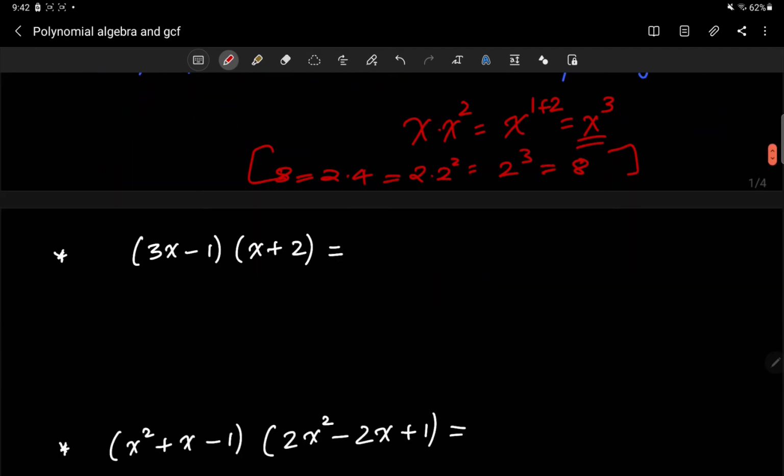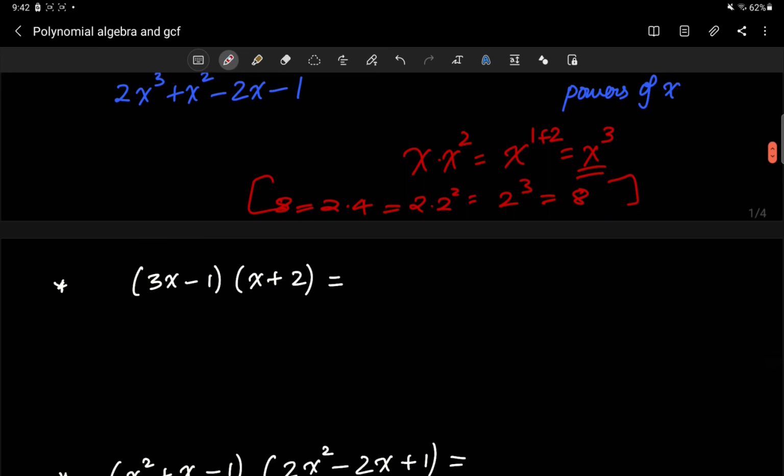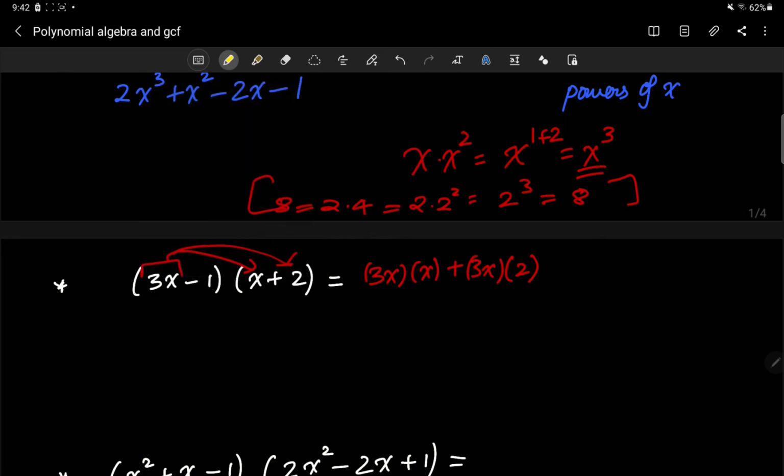Let's do another example. Actually, 2 more examples. So once again, the first term multiplies with the first and the second. So it's 3x times x plus 3x times 2. Then the second term, negative 1, multiplies with the first and the second.